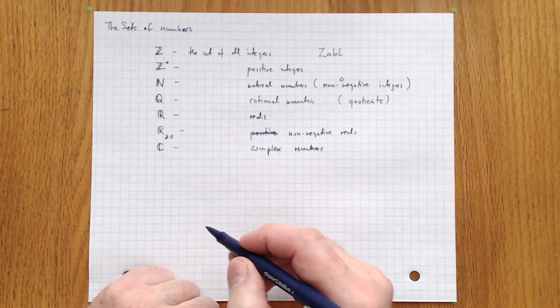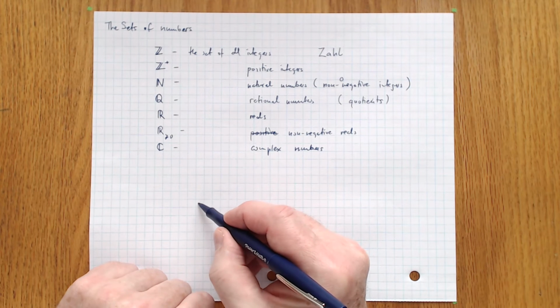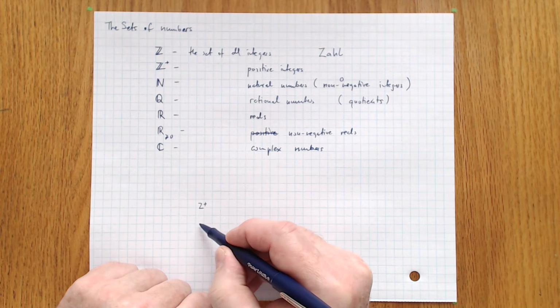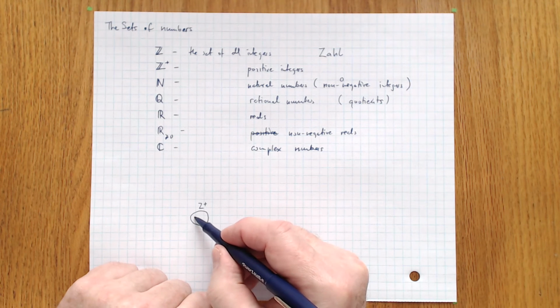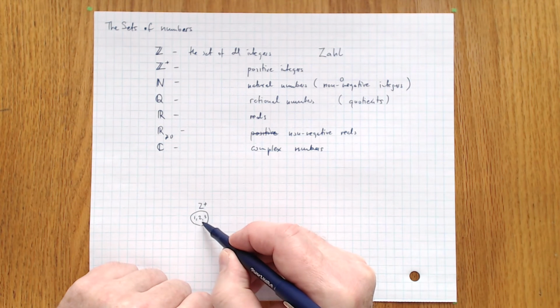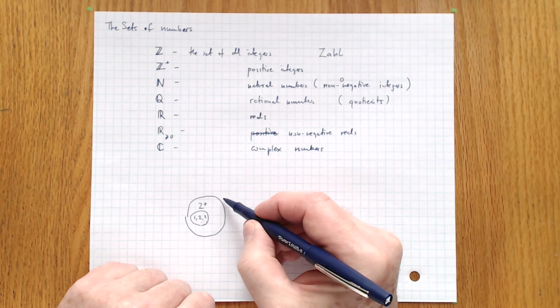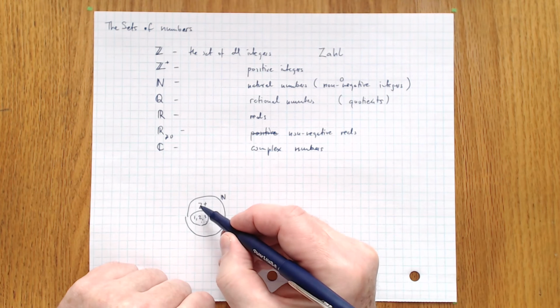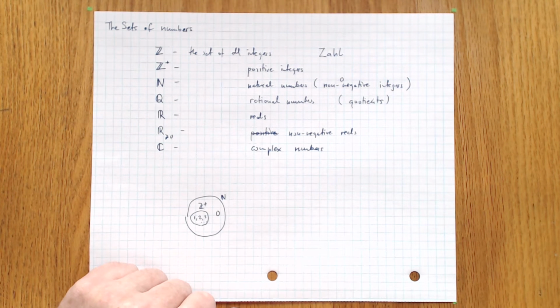So what relation do we have between these sets? Z plus is the smallest of them. It involves 1, 2, 3, and so on. The set of natural numbers additionally involves the 0.